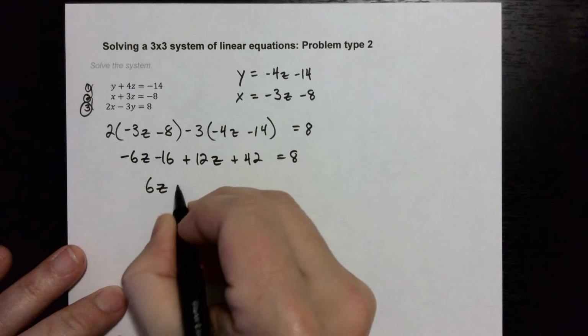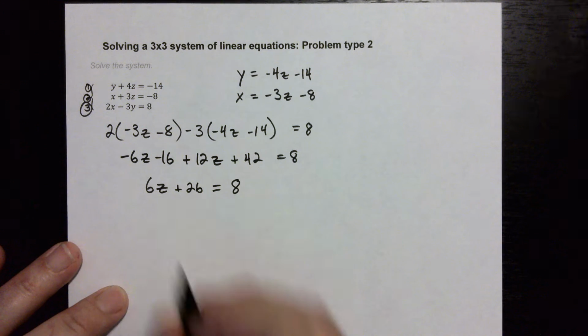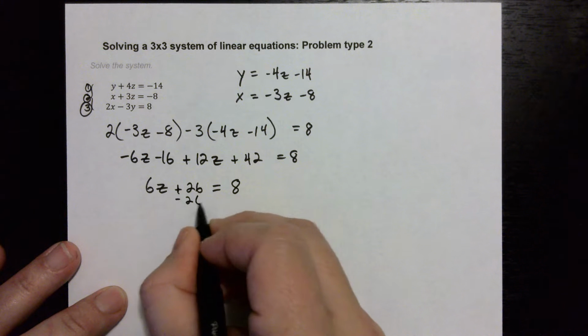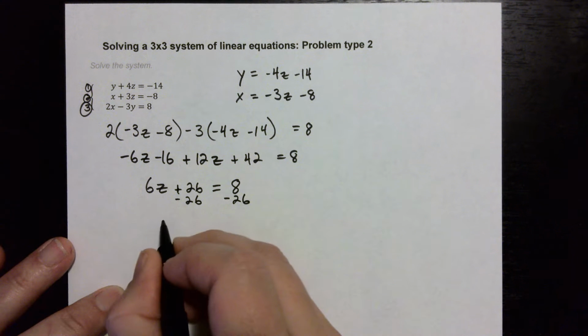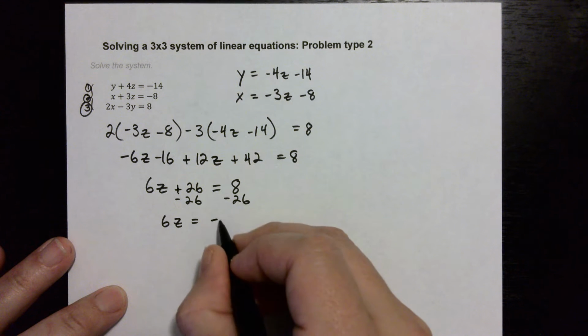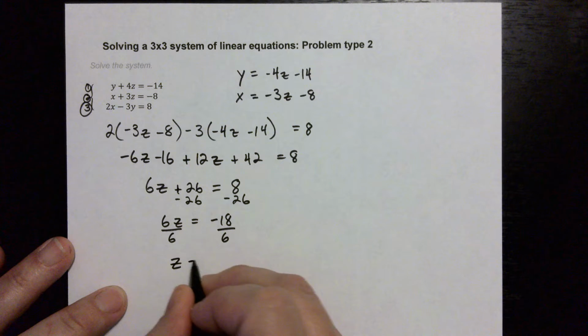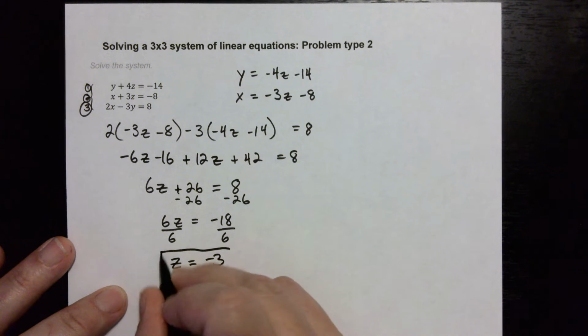So plus 26 is equal to 8. I subtract that 26 to the other side, and I get 6z is equal to negative 18. And when I divide by 6 on both sides, I get z is equal to negative 3.